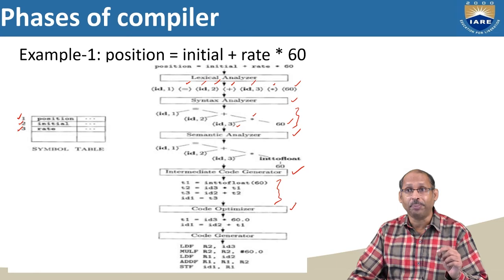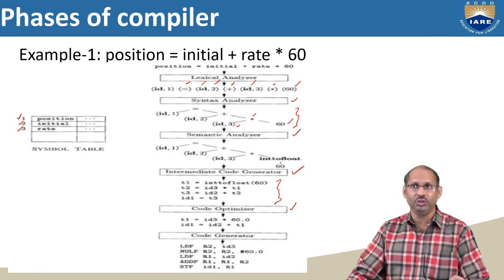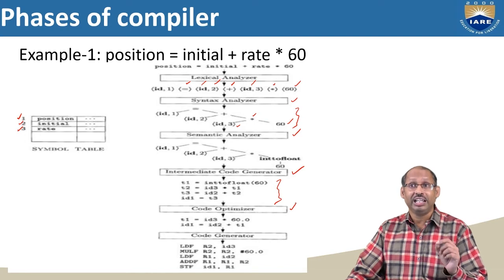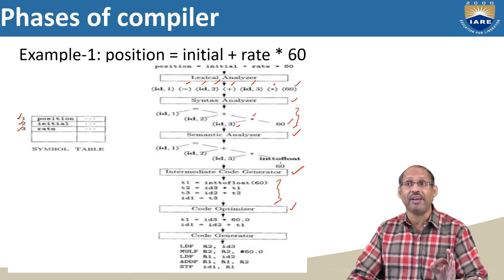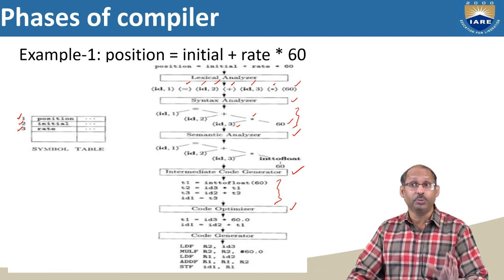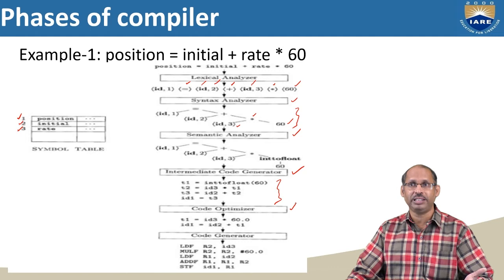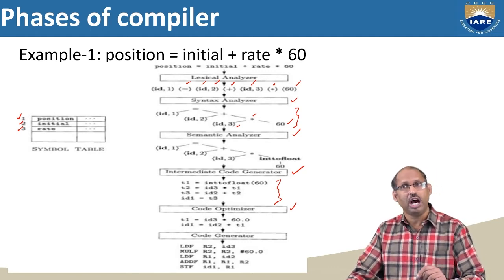To optimize the three address code such that it will have fewer statements, takes less space, so that execution will be faster and it should be efficient. The output of the code should not be changed, but make them execute faster, take less space and be more efficient. That is the task of this code optimizer.